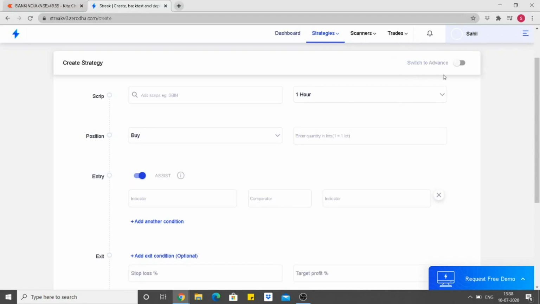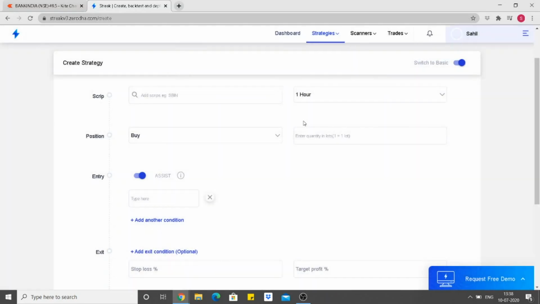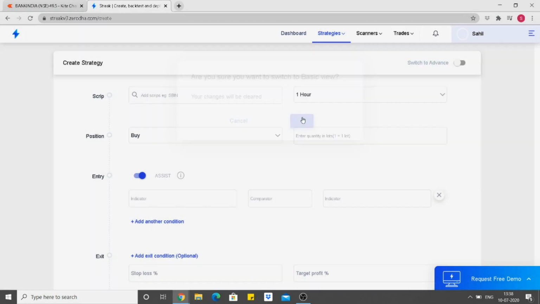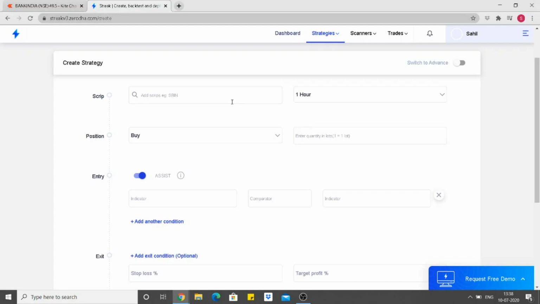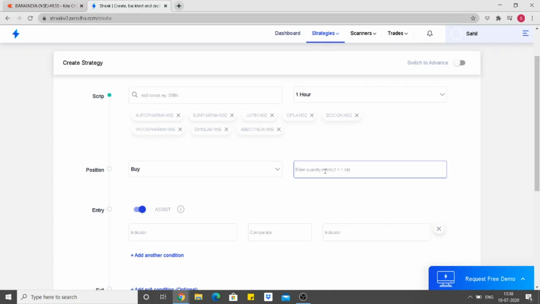Also, if anybody wants to make a strategy using Create Plus, you simply have to use this switch to advanced slider over here. The strategy that I'm going to create does not require math functions, so we can continue using basic mode, right? I'm going to be adding some pharmaceutical stocks that I have selected, and the quantity is going to be 100.